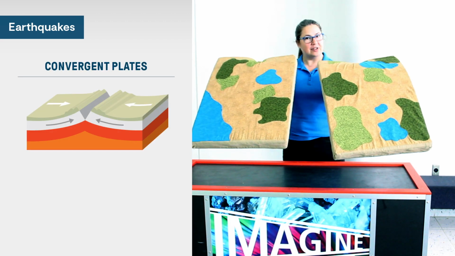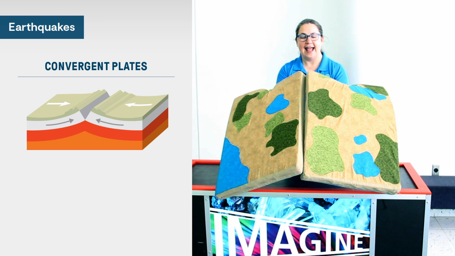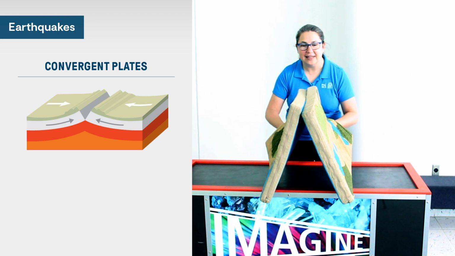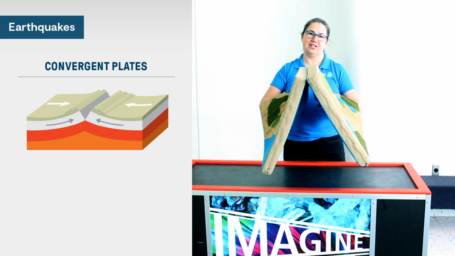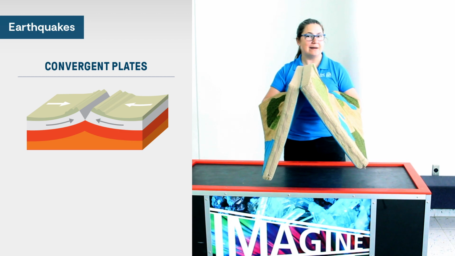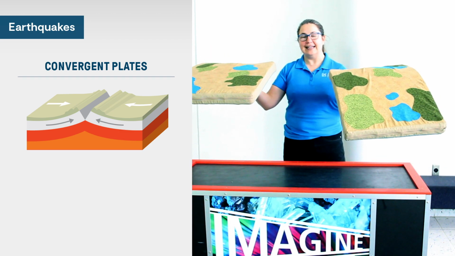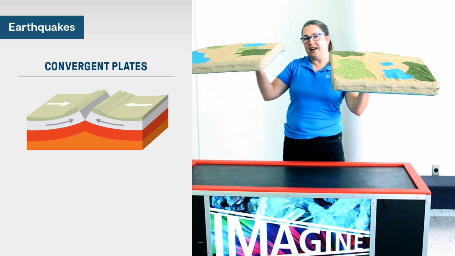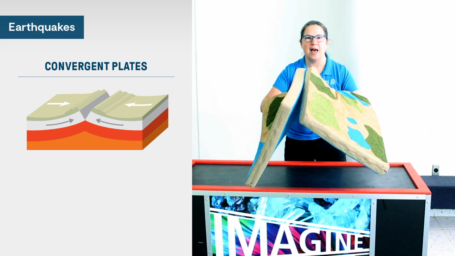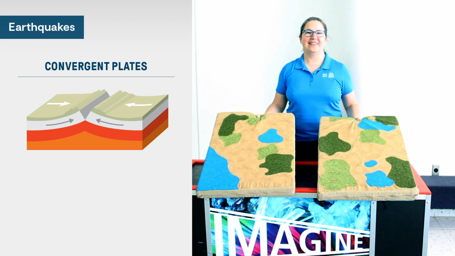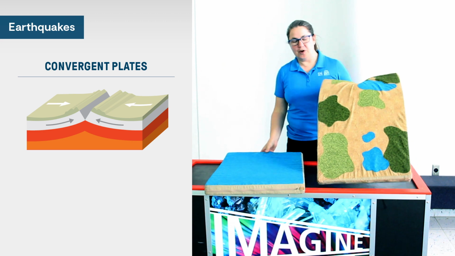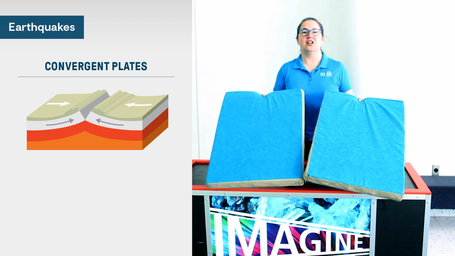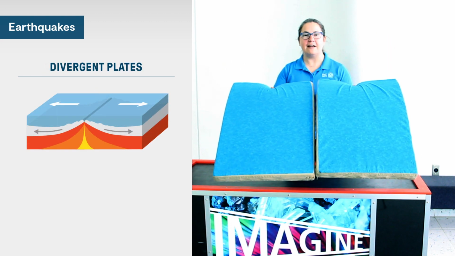This commonly happens where there's 2 land plates and they tend to lift up like this and form mountain ranges. This is what's happening with the Himalaya mountains, where Indian plate and the plate underneath China are coming together. Himalayas are formed.